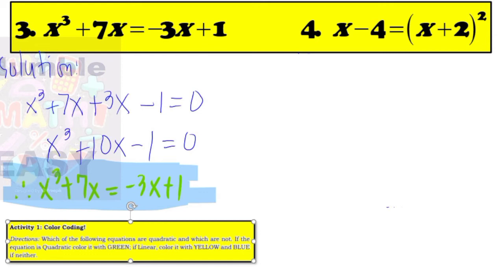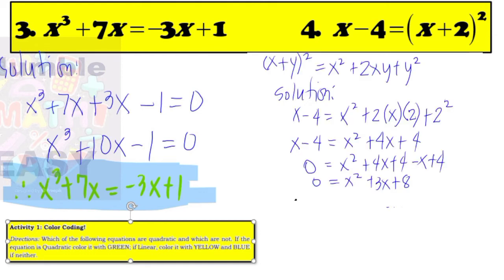Recall that x plus y quantity squared is equal to x squared plus 2xy plus y squared. Because the right hand side of the equation is x plus 2 quantity squared, we are going to recall that special product.